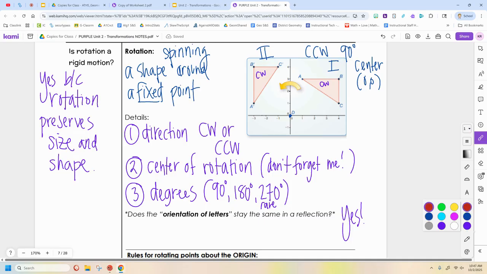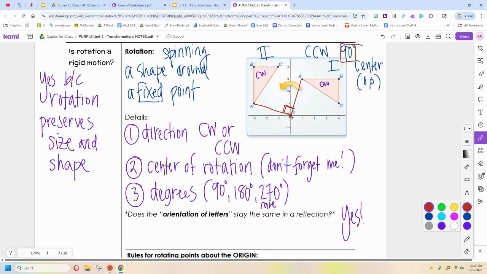I'm just going to go from the center to point A and the center to A prime. Do you see now the 90-degree angle? That's what it means that it's rotating 90 degrees. It's not that B is a right angle, and I don't even know if B really is a right angle, but it's because this is 90 degrees. Every point, and we just move the vertices, is going 90 degrees.